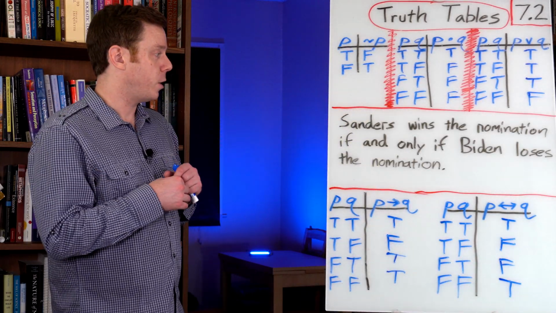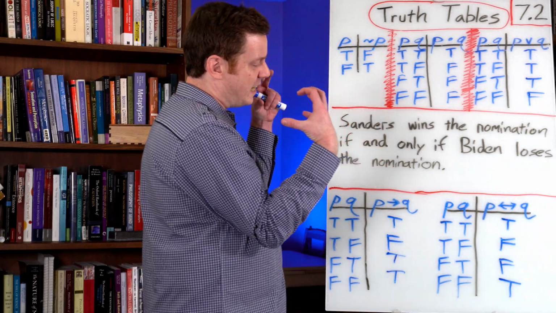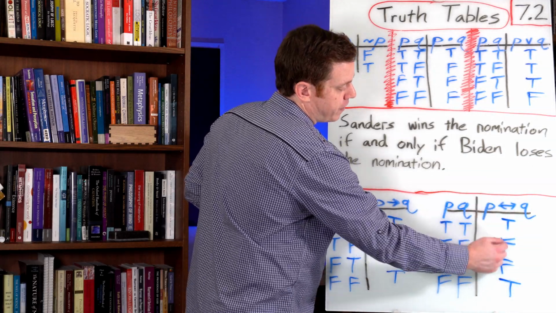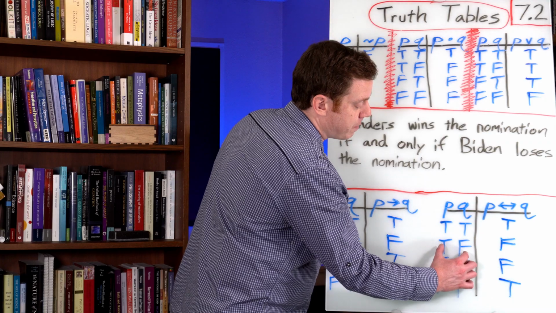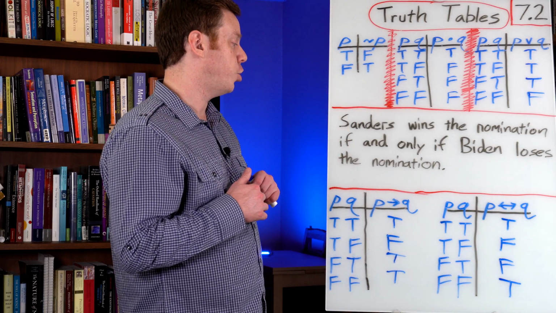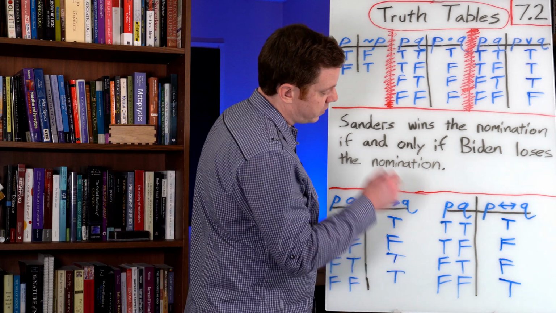Nothing was broken. It's like both sides of the biconditional are tied together. They got to have the same truth value. If they get the same truth value, then the whole thing works. It comes out true. But if you have a mismatch, one side's true and the other's false, well, the biconditional is going to fail. It comes out false when you have a mixed match.